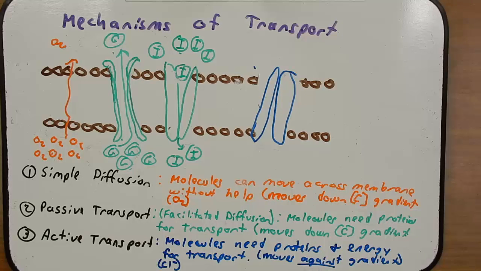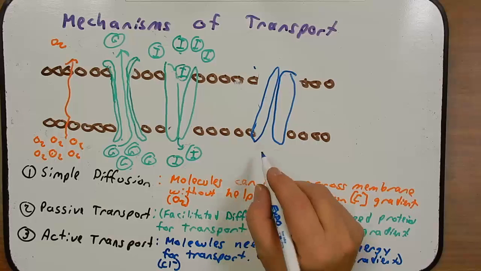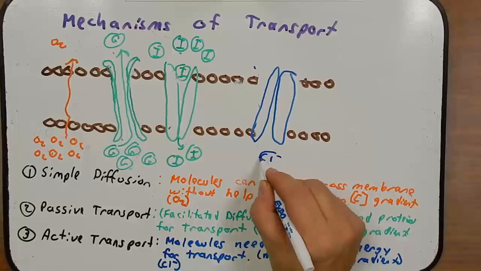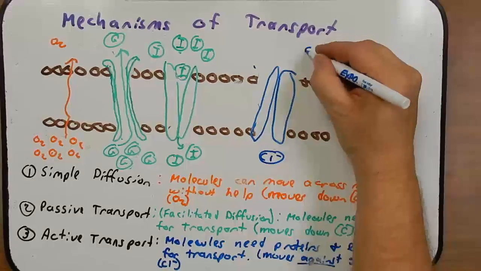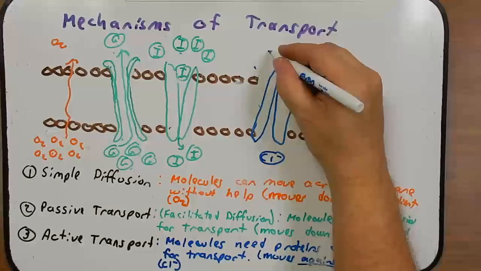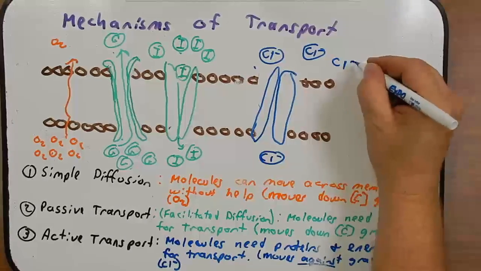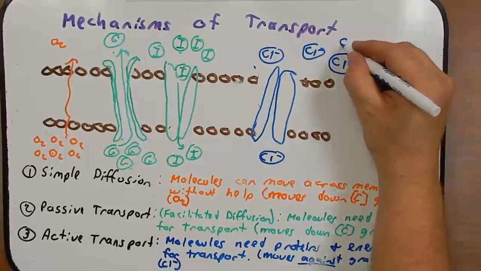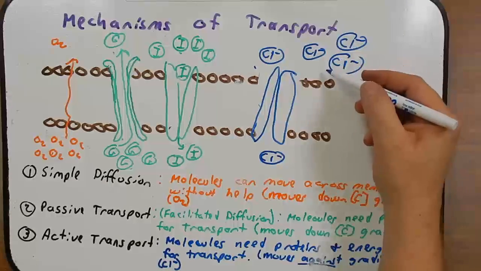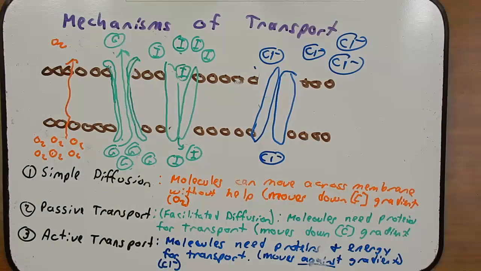And it's going to go against the gradient. So in this example here, we're going to have a low concentration of chloride on this side of the membrane and a high concentration on this side. If it was going to be by passive transport or by simple diffusion, you would expect these chlorides to go this way. But this kind of transportation goes against the gradient.